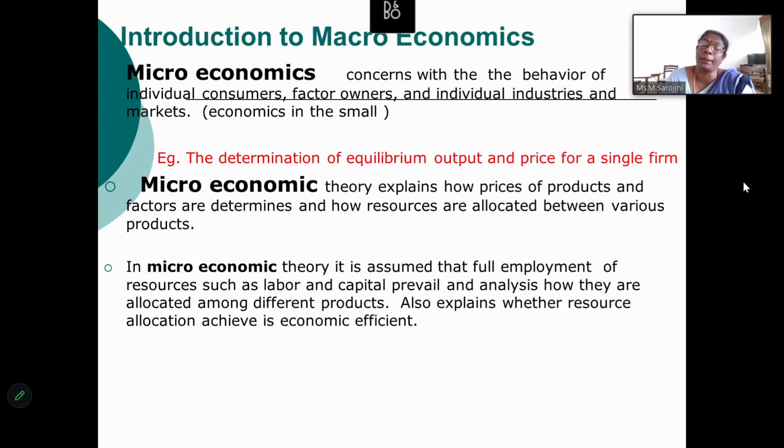And on the other hand, if there are higher prices for industrial commodities, the resources will be allocated towards industrial goods, right? Therefore, microeconomics determines the allocation of the resources among various commodities.